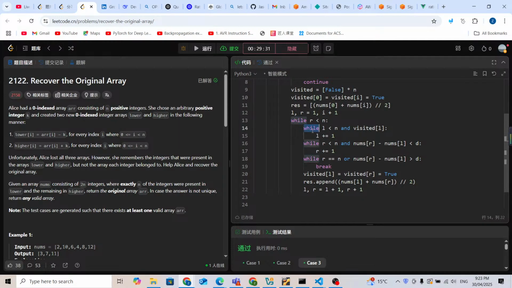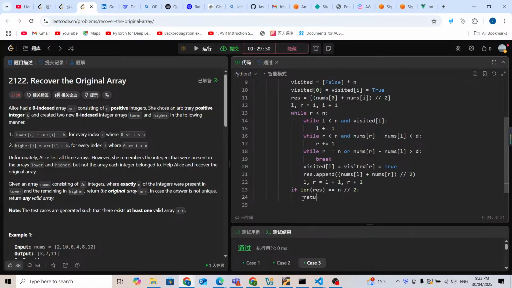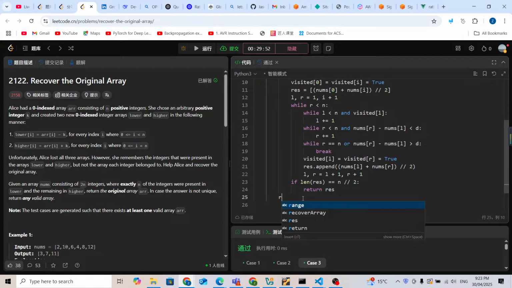Or we can use if, because this is a while check, but I think the while is safe. Let me just use while. After that, I'm going to check the length of the result array. If it is equal to n divided by 2, it means it is okay. We've already found it. If it is not, we're going to return an empty array. This means we didn't find it.